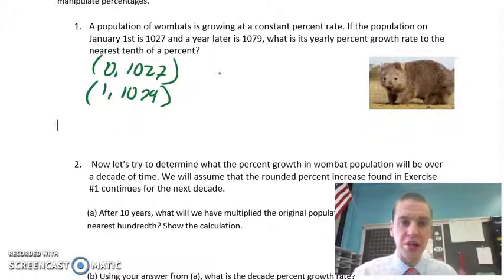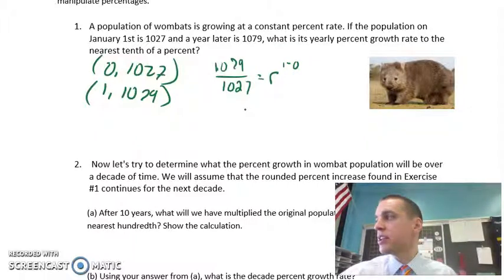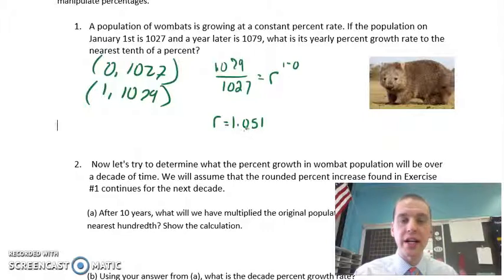And so we can always just do the geometric formula. Take the y2, 1,079, divide it by 1,027. This gives you r raised to the 1 minus 0, which is just the first power. And the answer is 1.051, which means it's growing at 105.1%, but the yearly growth rate is just 5.1%.